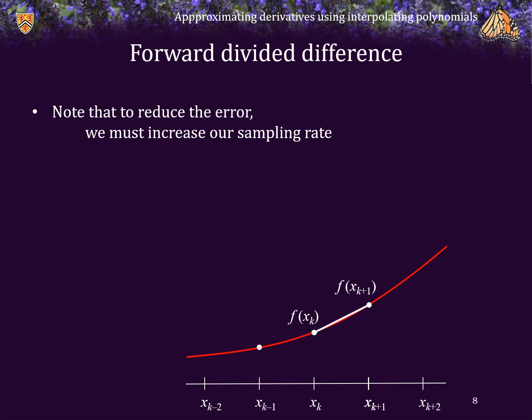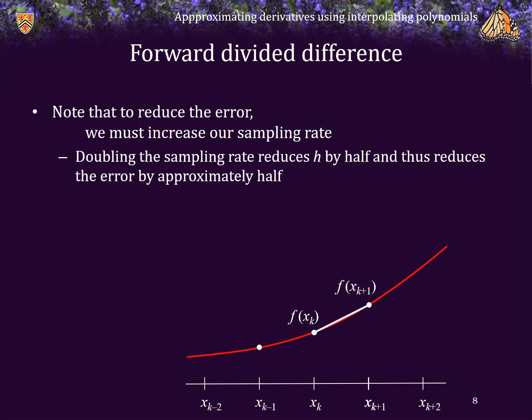Since the error is multiplied by h, if we want to reduce the error, we need to decrease the size of h. The only way we can do that is by increasing our sampling rate.